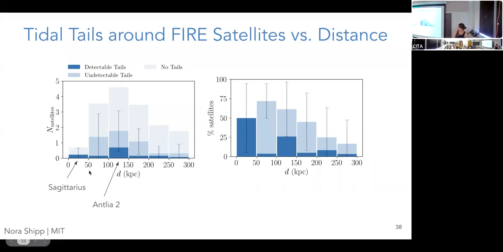I'll just point out that two systems that we do know of in the Milky Way that would fall in this category of having a surviving progenitor but being disrupted in the stellar mass range are Sagittarius, which is in this distance bin, and Antlia 2, which is a disrupting dwarf galaxy that doesn't necessarily have very clear extended tidal tails, but is in this distance bin here.